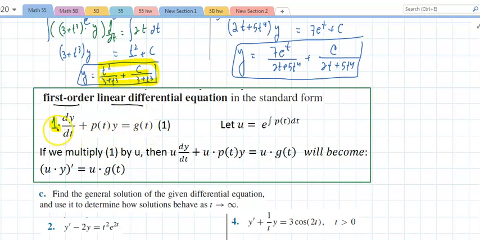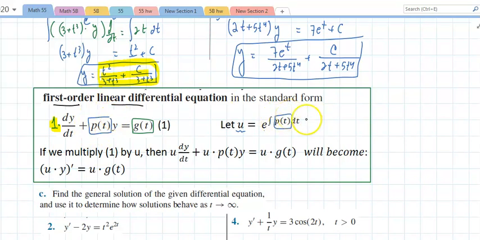So I can have y prime plus whatever's in front of y will be my p, and whatever is on the right hand side, we'll call it g. If you have such a problem and you want to solve it, if calculus can't help you, let u equal e raised to, let me use color codes on those, that will help, e to the integral of p of t dt.